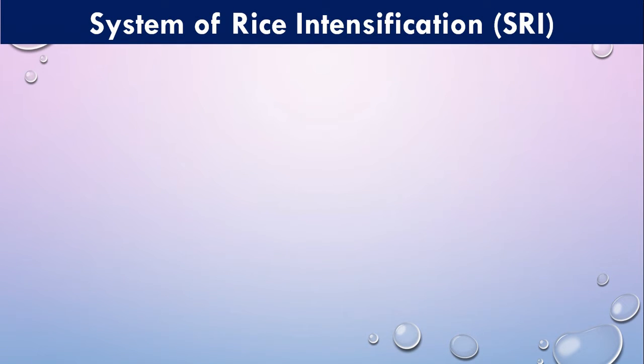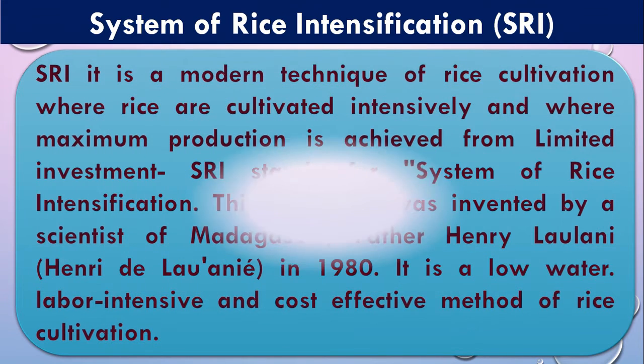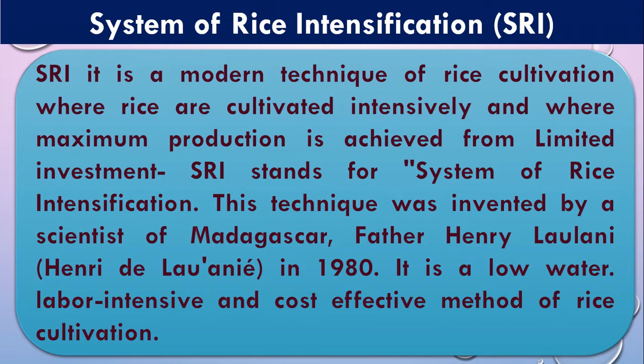Next, the System of Rice Intensification, which is the SRI method. This is the modern method of rice cultivation, so we will discuss this. First of all, you have to understand what the SRI method is. This is very important for your creative and MCQ questions as well.